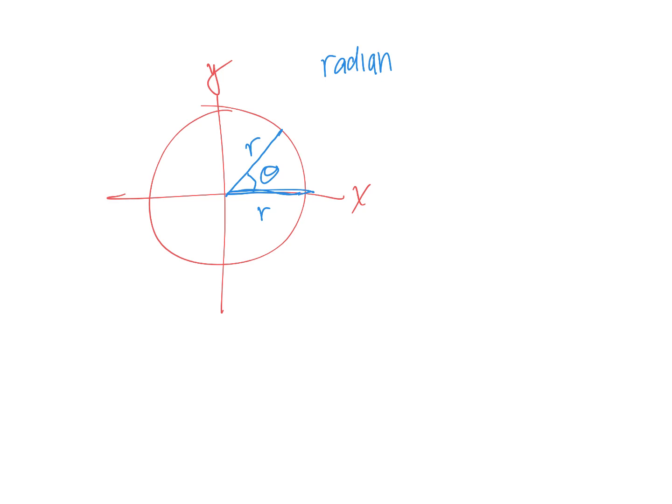Then the radian measure of theta is the ratio of the arc length s, so this arc length right here, over the radius.